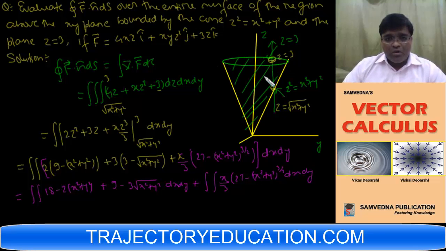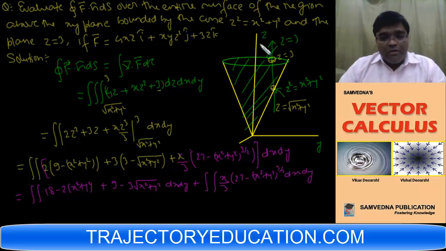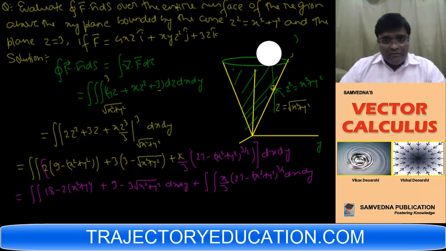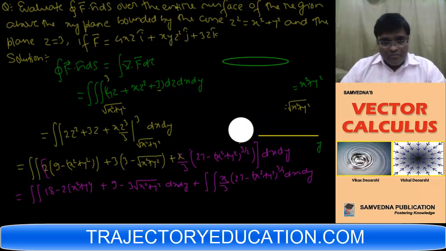The limit of double integral will be the projection of this whole cone on the xy plane. So what is the projection of the whole cone on the xy plane? It will be a disk of radius, you can put z equals to 3 over here, so it is a disk of radius 3. Let me draw that. If I take projection of this cone it will be a disk of radius 3.